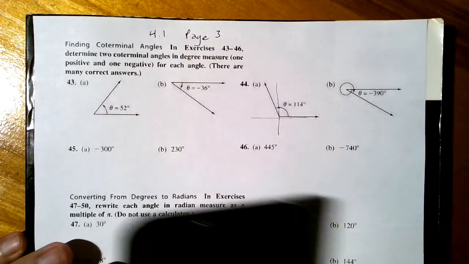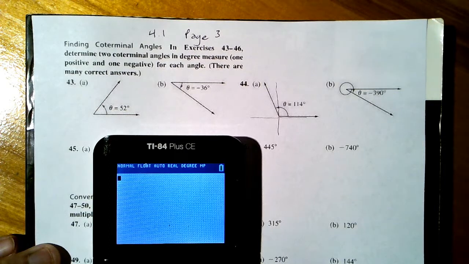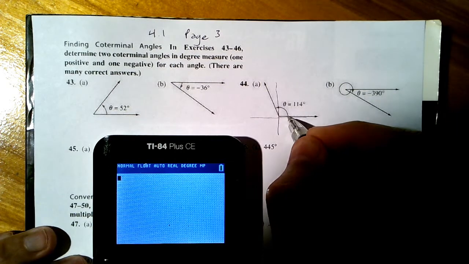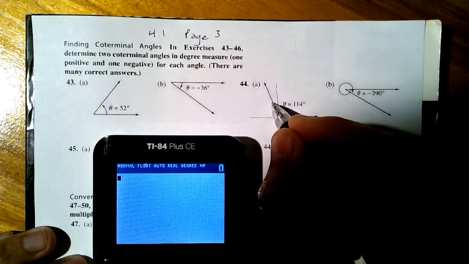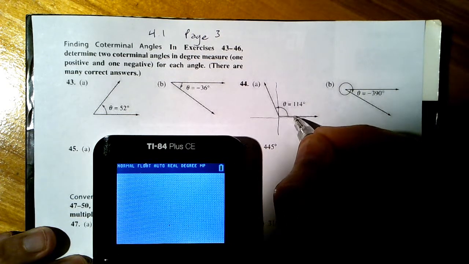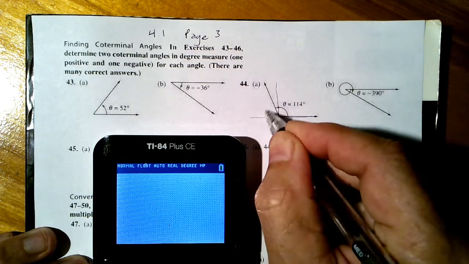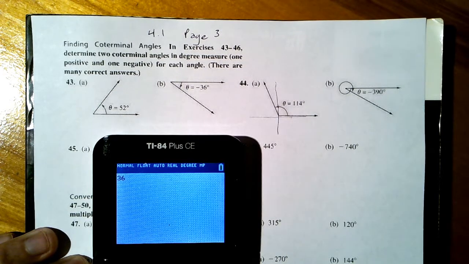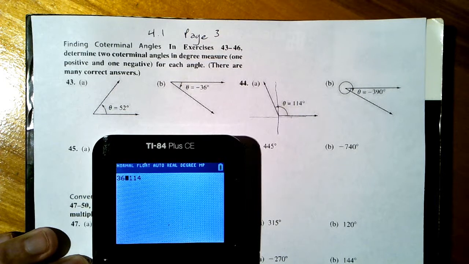So I could go backwards here, and if I go backwards all the way around, that's 360, but I need to stop 114 short of that, so 360 minus 114.